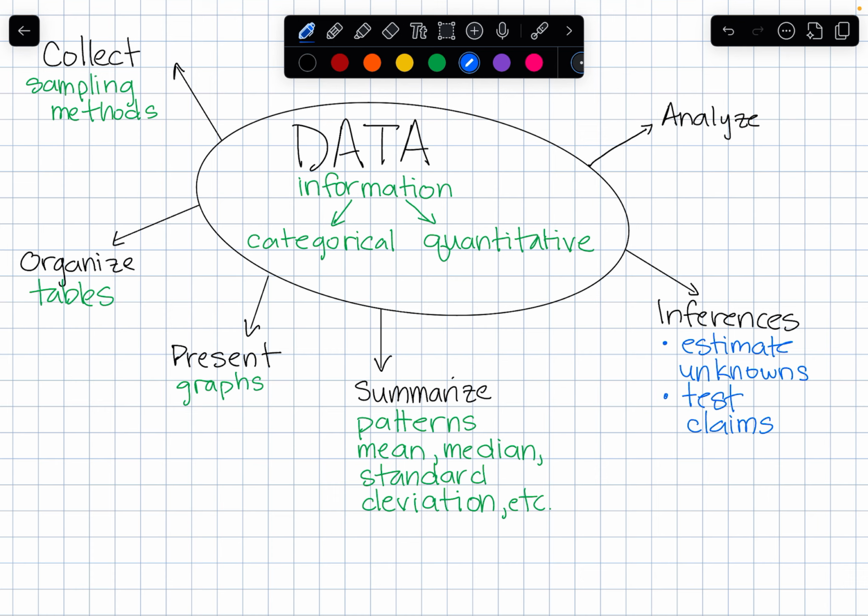Well, we can take sample data and then make a statement about whether or not it's likely that that claim is valid or not. Since we're making inferences, that area of statistics rather is called inferential statistics.